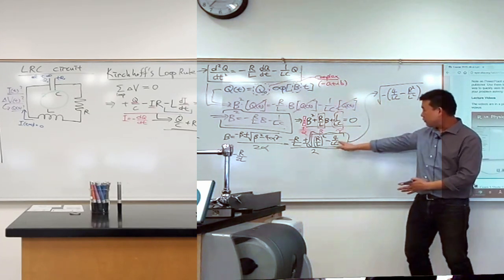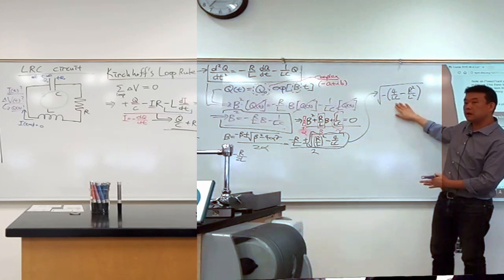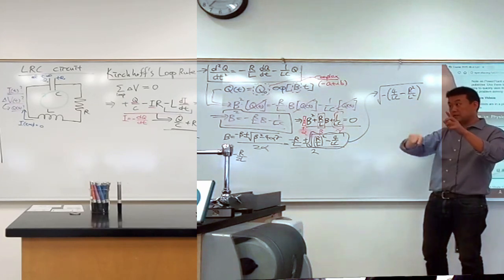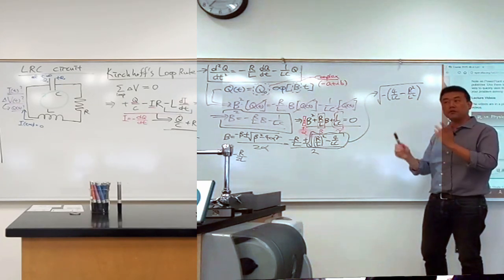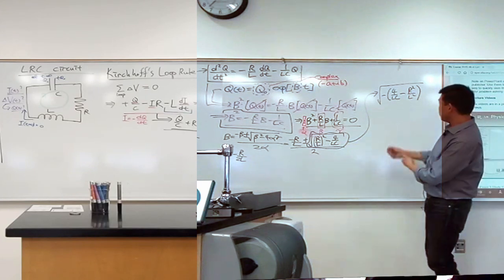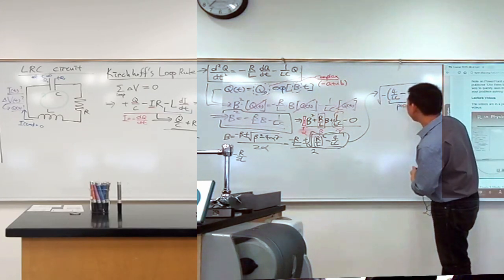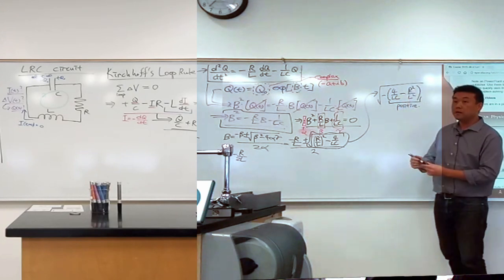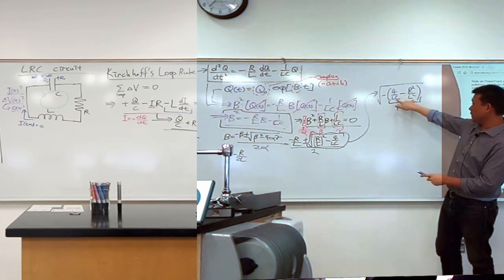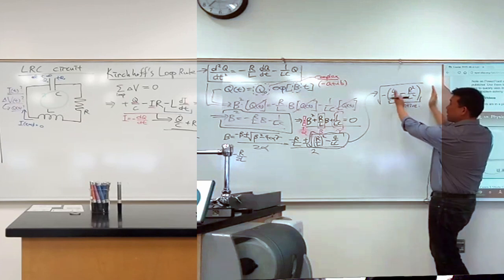So the reason I want to write it this way is when you see oscillations like you saw in the lab, when you have an under-damped system, this quantity here is going to be positive. So I want to write it in a way that the quantity that we normally expect to be positive is set by itself.